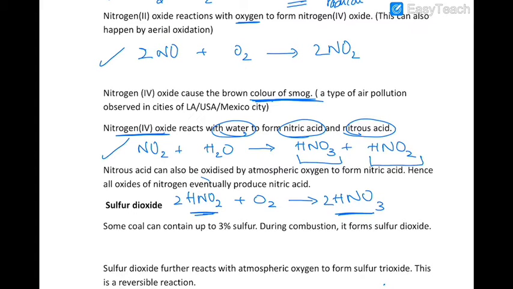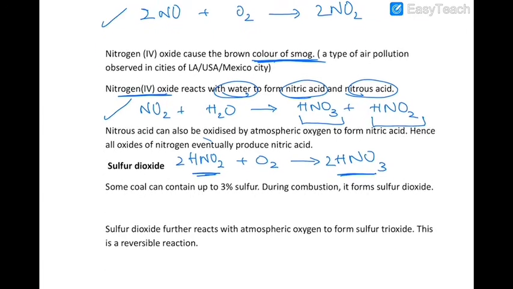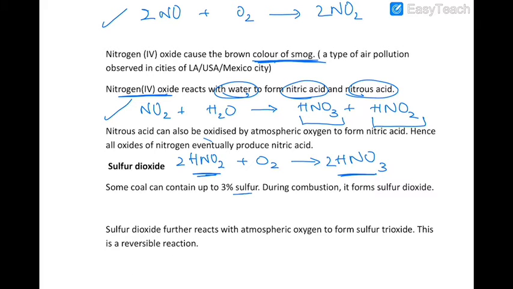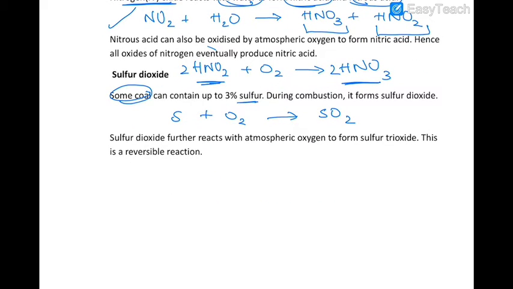Now let's see the pollution caused by sulfur dioxide. Sulfur dioxide is produced when there is combustion of sulfur, and sulfur is present in fossil fuels. For example, coal contains sulfur. So sulfur reacting with oxygen is going to give you sulfur dioxide. Now, the sulfur dioxide reacts with atmospheric oxygen to form sulfur trioxide, and this is a reversible reaction.